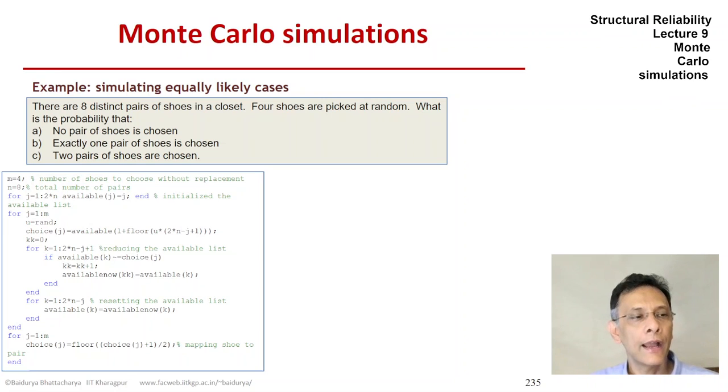So I have reproduced part of the code that I have written to solve this, and this sort of approach can be very useful because problems in combinatorics and problems involving the classical definition of probability can be very challenging. So sometimes it may be useful to write a small simulation program to verify your answers.